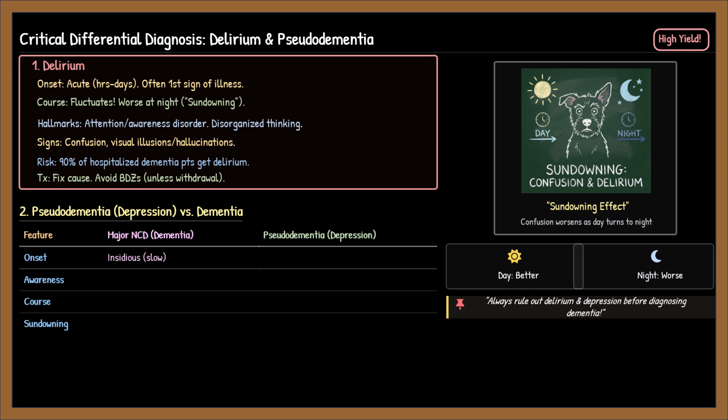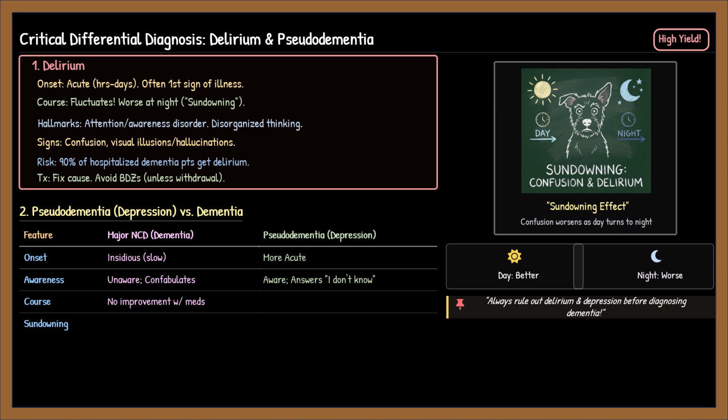But for dementia, it is a slow onset, whereas in pseudodementia, it's more acute. The awareness in dementia, the patients are unaware. They confabulate to make up for what they don't know. Whereas in pseudodementia, they initially say, I don't know, but if pressed more, they will give you the answer.